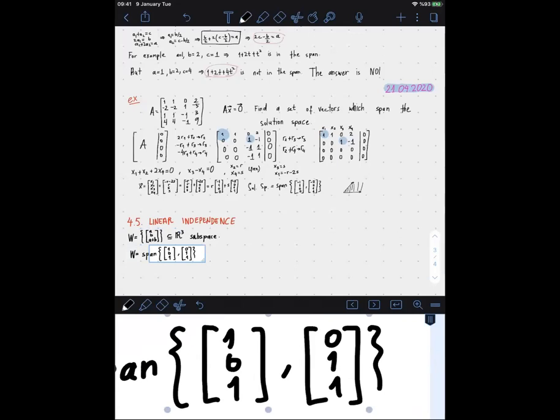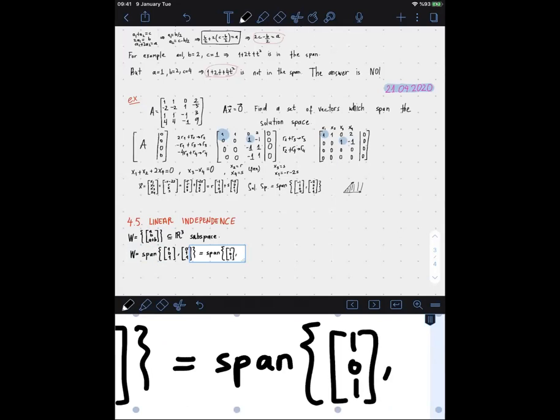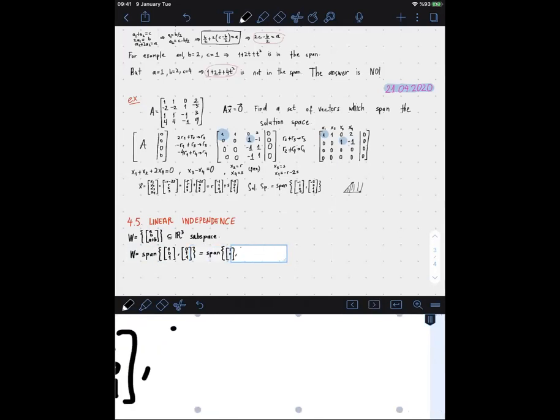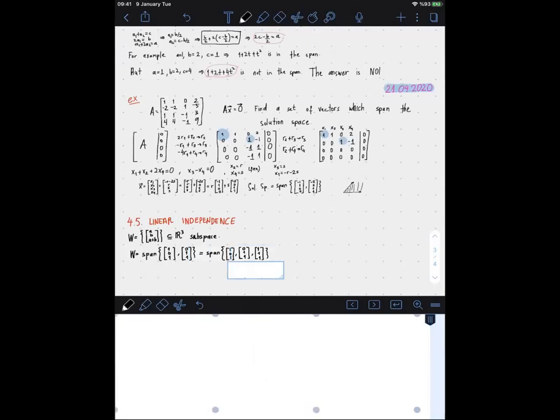But I can write this W also as the span of maybe three vectors. Once I get these two vectors, I can add another vector, not any vector I want, but for example this one. So what do I get?